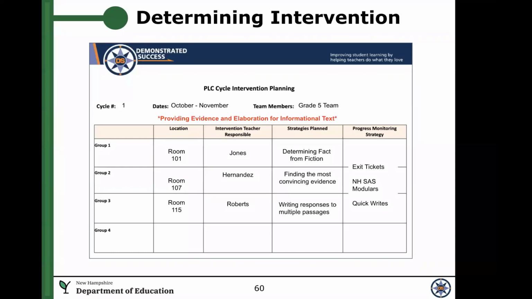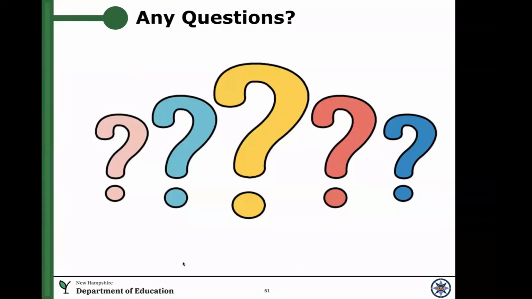And maybe another group of students are writing responses to multiple passages, and we're taking a look at that, and maybe they're doing peer review. Any progress monitoring strategy you would have goes over here. Then you would continue to look at the data, see how kids are doing, and continue your interventions if needed. Any questions there?